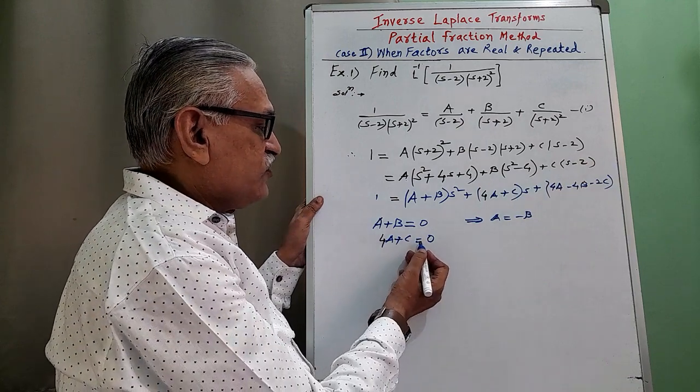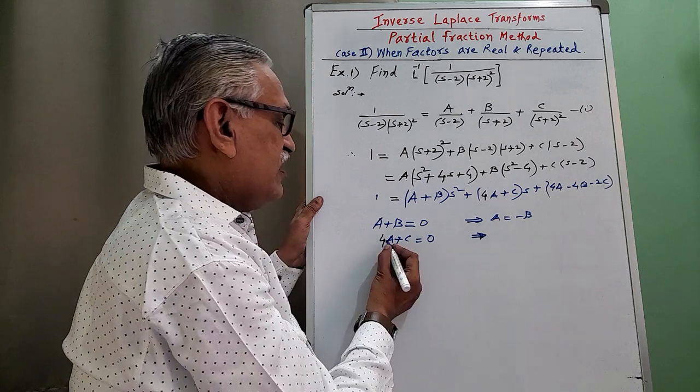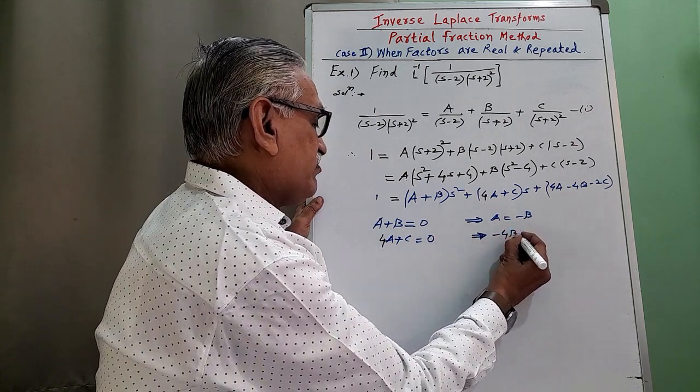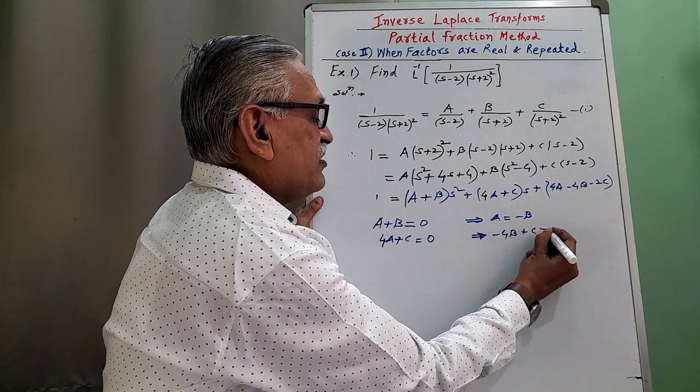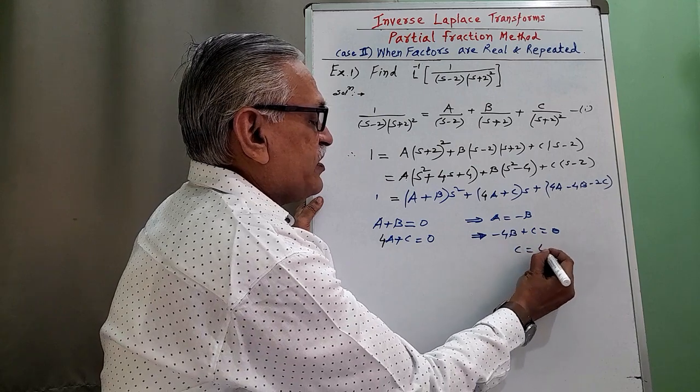Therefore, 4A plus C is equal to 0. It implies, replacing A by minus B, we get minus 4B plus C equals 0, means C is equal to 4B.